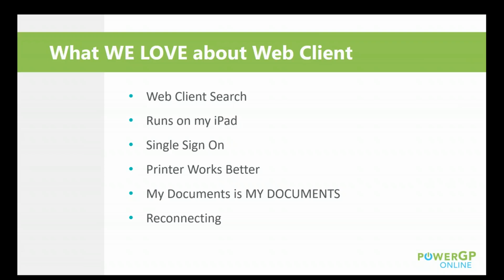If I use remote desktop connection and I save something to My Documents or My Downloads, I'm saving it to that folder on the remote desktop connection, not the one on my machine. If I save something to the C drive, I'm saving it to the C drive on my machine, not some other C drive. So that's something that we really love.